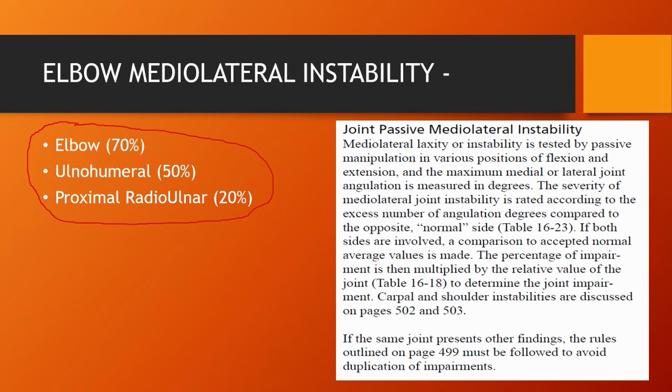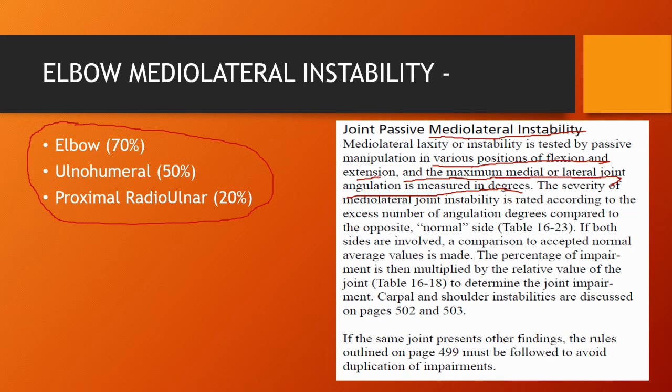So this would be the moving valgus stress test, and then also the chair push-up test and the tabletop relocation test, all assessed in various positions of flexion and extension. And the maximum mediolateral joint angulation is measured in degrees in order to measure the mediolateral instability.